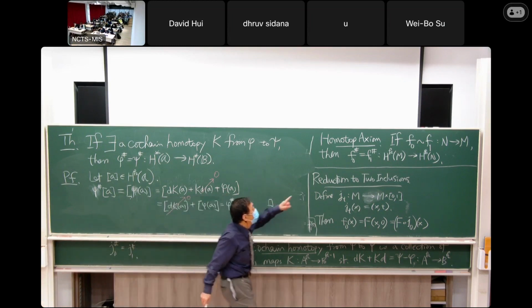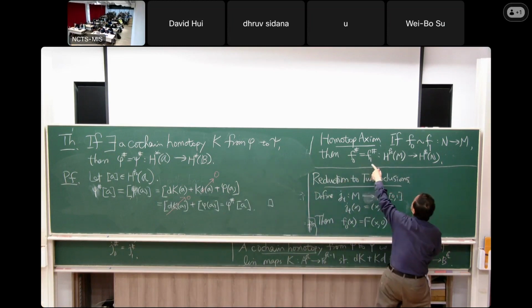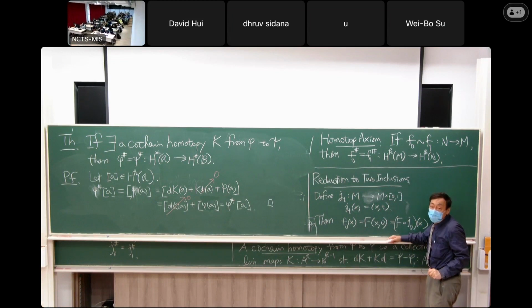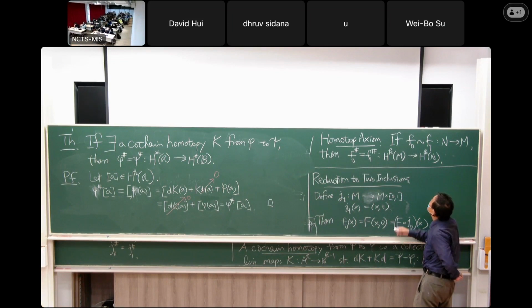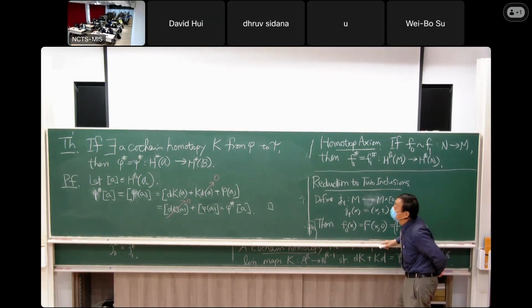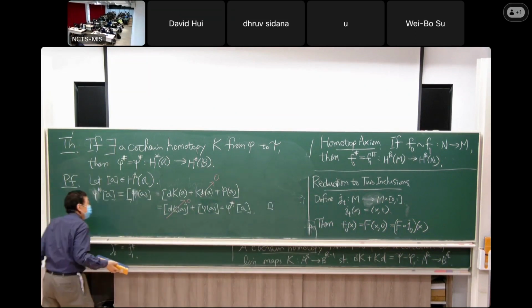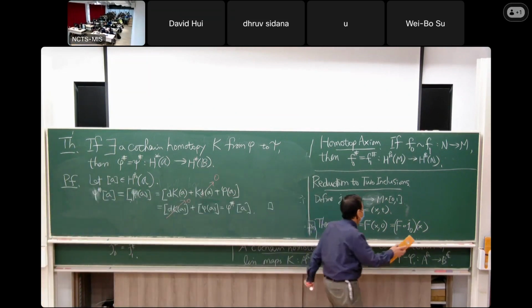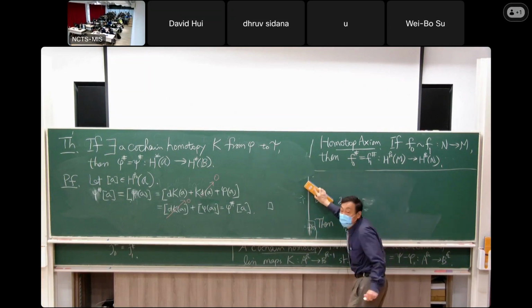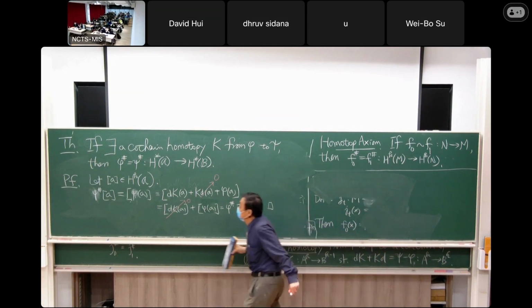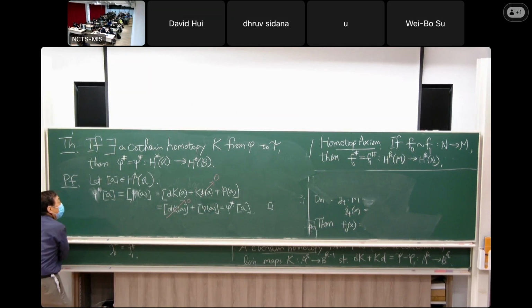Now we want to prove this. And what we have to do is to find a co-chain homotopy between the induced maps on forms. Oh, right, good. Thank you for asking.